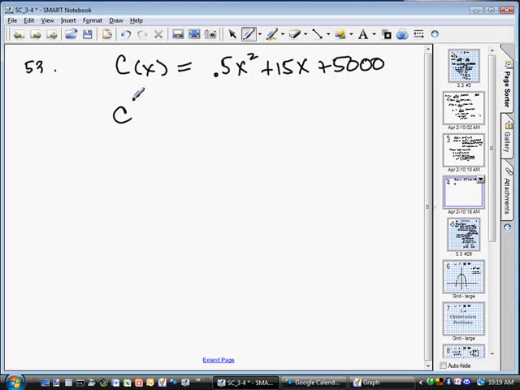Well, C prime of x is very easy to determine. And that can't be right because that makes no sense at all. The first derivative is what? You take 2 times a half, you get 1, so you get x plus 15. And when is that equal to 0? When x is negative 15.